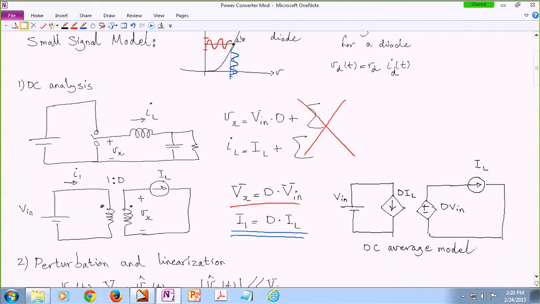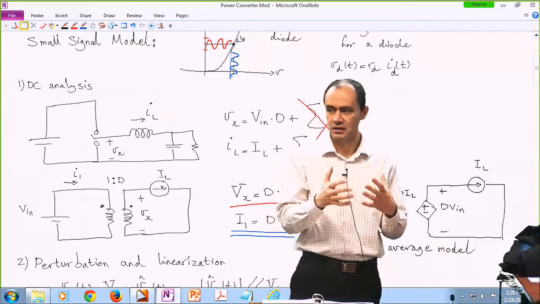So on average, the voltage that appears from here to here is the duty cycle times the input voltage, on average. In reality, it's actually a square-shaped waveform, but on average, it's like a DC signal with D times Vin.